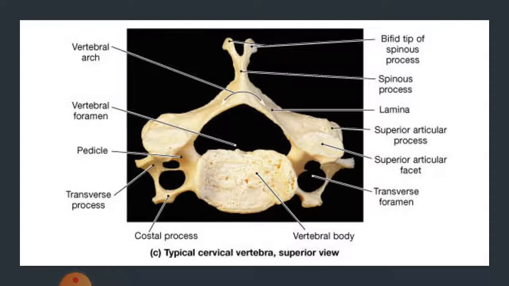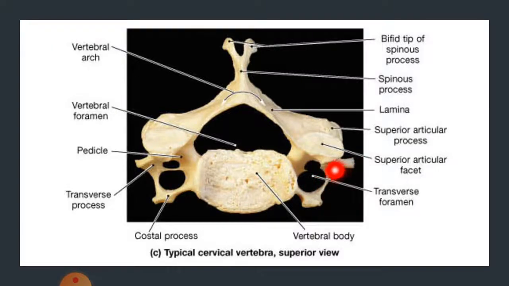Basically the cervical vertebrae are the smallest, and they possess shorter or smaller transverse processes, and these transverse processes have a foramen for the passage of the vertebral arteries, and we know that the vertebral arteries go upwards to the brain and take part in the formation of the circulus arteriosus.